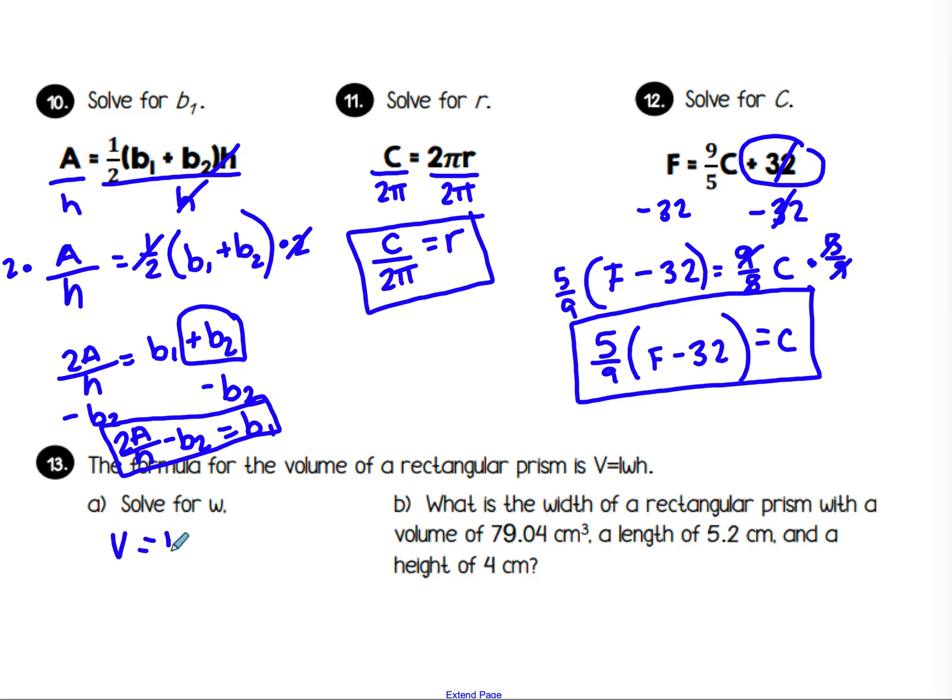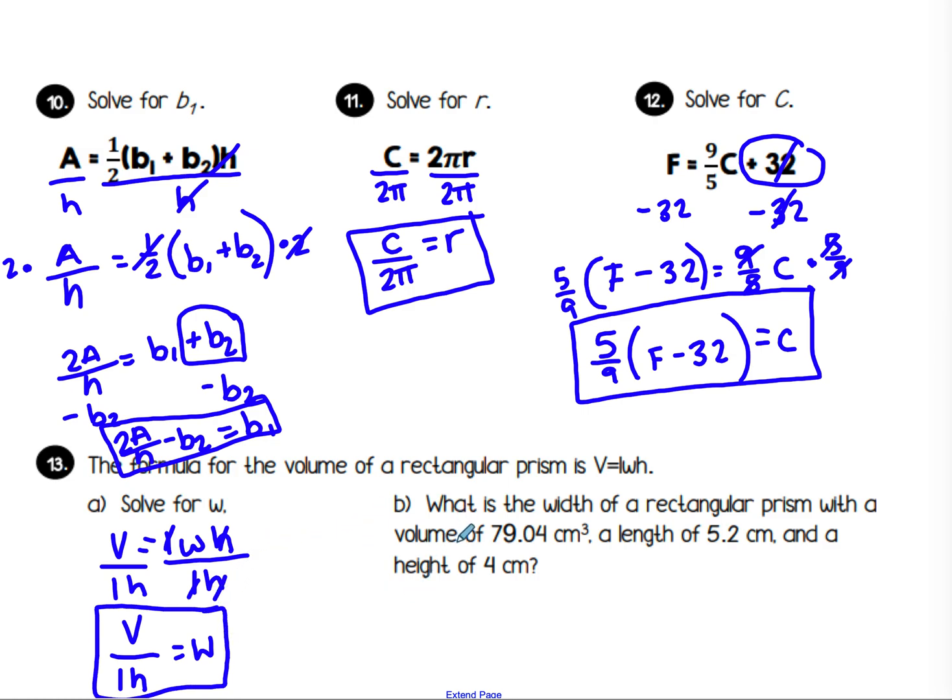I'm going to start just by writing my formula. Volume equals length times width times height. This is all multiplication, so we've got to divide. I'm going to divide by length and height. All right, lengths cancel out, heights cancel out, so I'm left with volume divided by length times height equals width. Now I need to actually put my numbers in and solve for width.